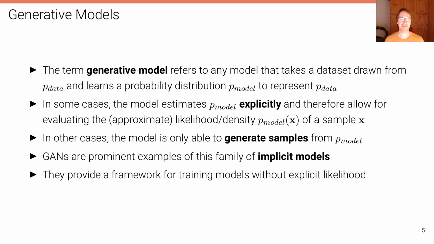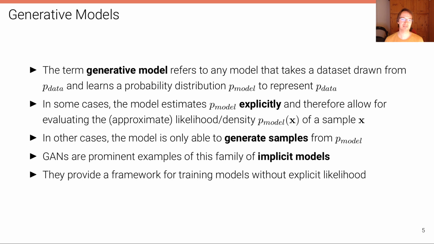In contrast, in a VAE, we are able to evaluate at least an approximate likelihood. We're able to evaluate the ELBO. In some other type of generative models that are typically less powerful than VAEs or GANs, we can even evaluate the likelihood exactly. But for the VAEs and for the GANs, this is not possible.